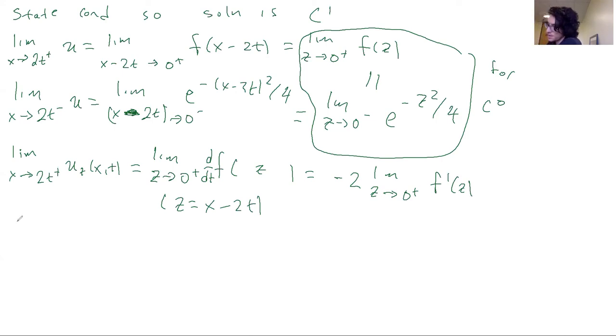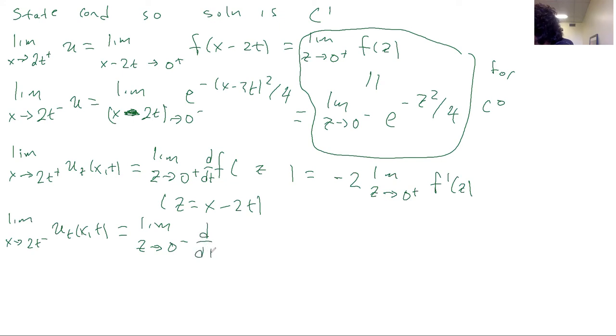And then the limit as x goes to 2t from below of u sub t of x, t is equal to the limit as z goes to 0 from below of d/dt of e to the minus z squared over 4.